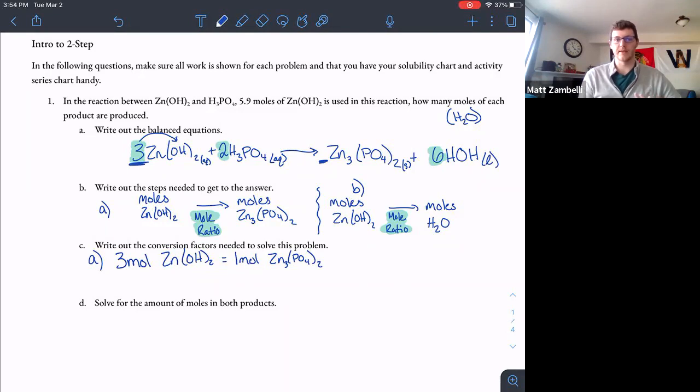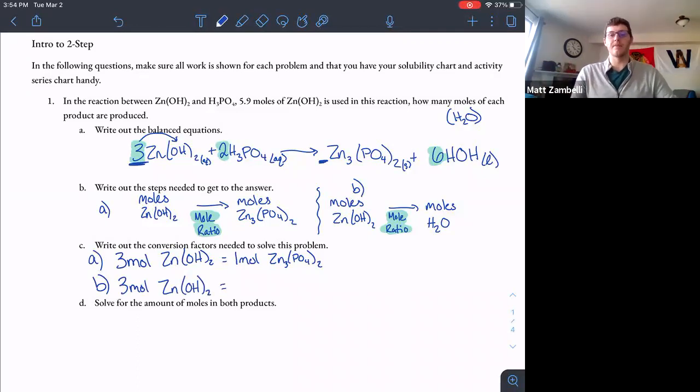Any questions on how we got those numbers? All right, let's do it for part B then. So the second one, moles of zinc hydroxide to moles of water. How many moles of zinc hydroxide do I need to make this reaction happen again? 3, perfect, just like before. 3 moles of zinc hydroxide to make the reaction happen.